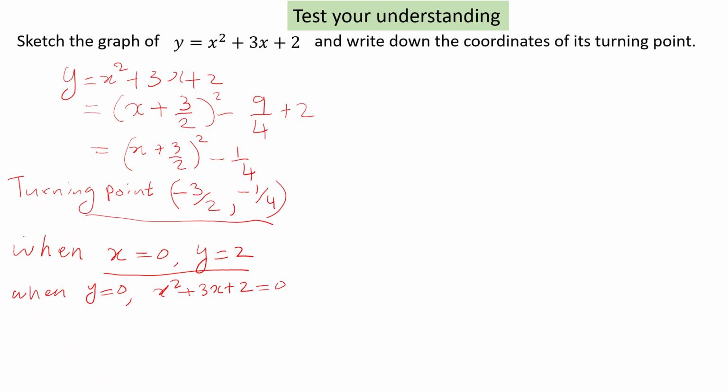If you multiply two numbers you get plus 2, and if you add two numbers you get plus 3, so (x plus 2)(x plus 1) equals 0. 2 plus 1 is 3, 2 times 1 is 2. So the roots of this graph are x equals minus 2 and x equals minus 1. So this is another point.